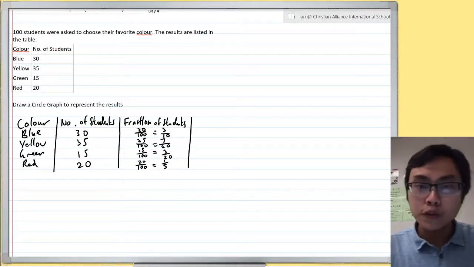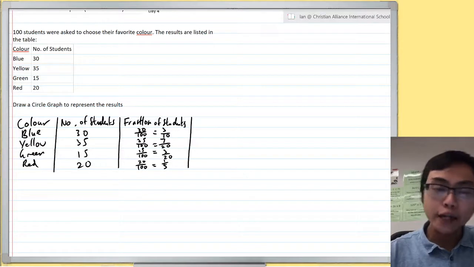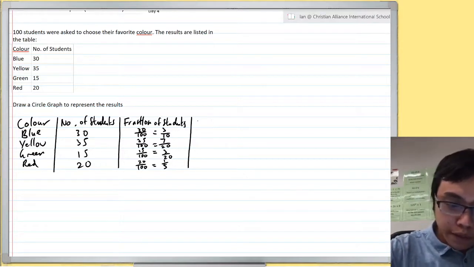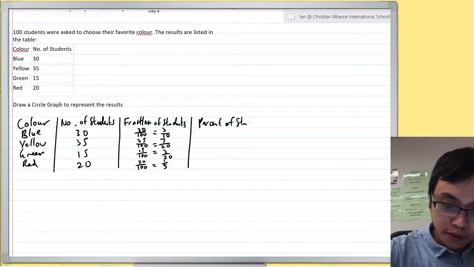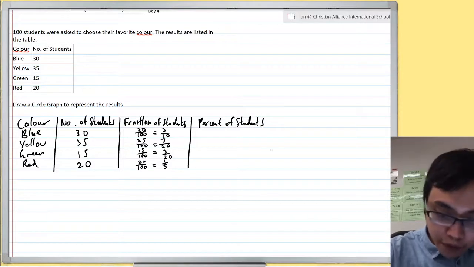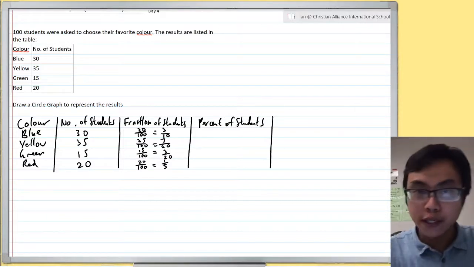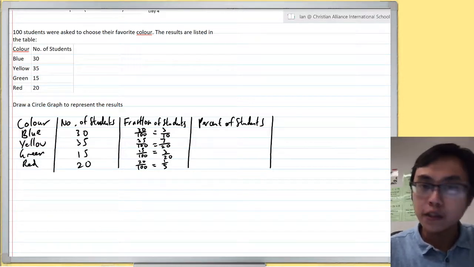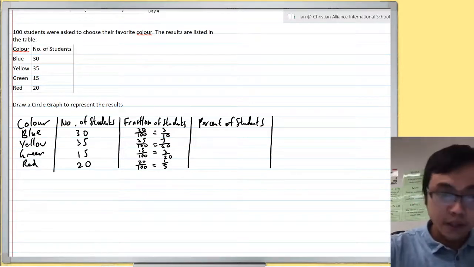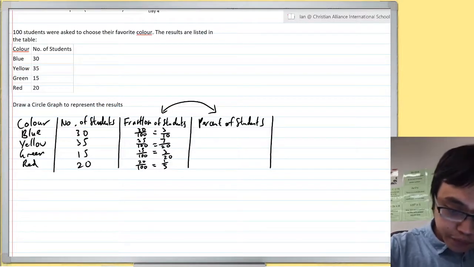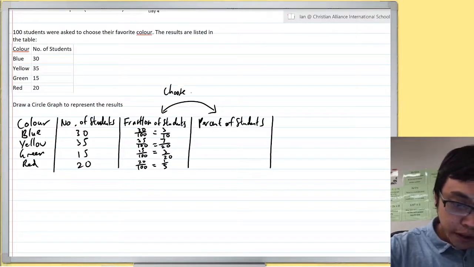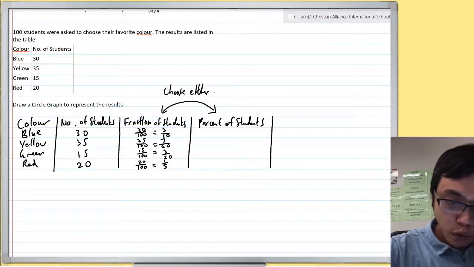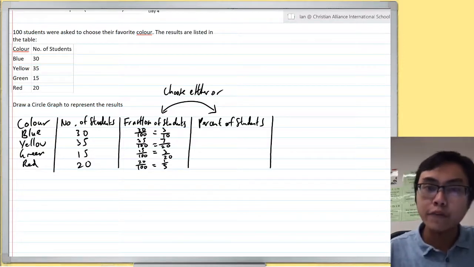This is optional: you can choose to do an extra column called percent of students. If you choose to do percents, you don't need to do fractions. If you choose to do fractions, you don't have to do percents. You can choose either one; both are fine.